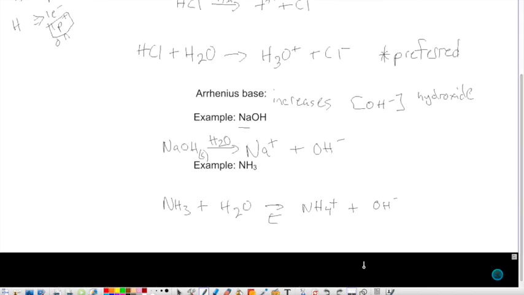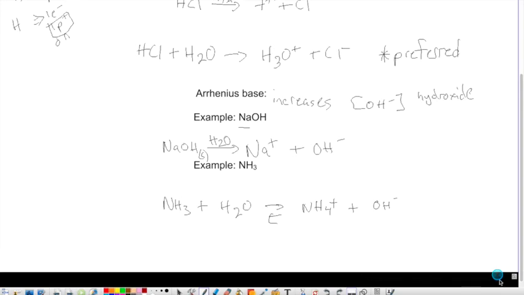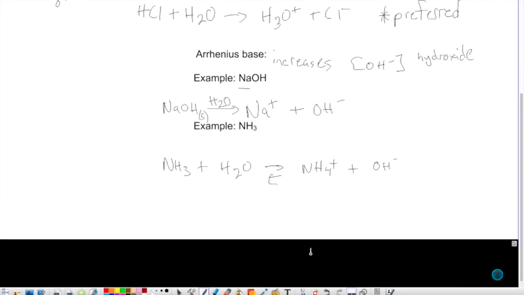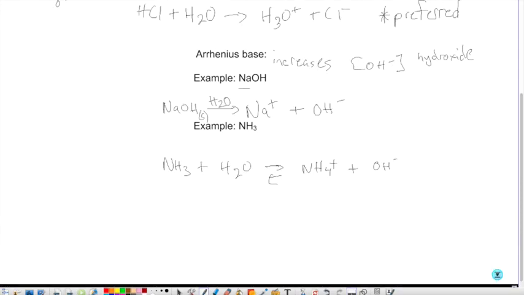Now, I just want to show you real quick, as an aside, why we don't write this sodium hydroxide reacting with water. So sodium hydroxide reacting with water, and I'm going to write water as HOH because that's how it reacts. If you look at this, you should see immediately that this is a double displacement reaction.